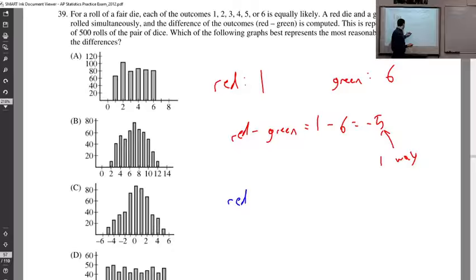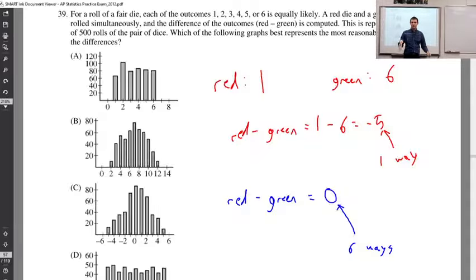Versus red minus green being 0. This can happen 6 ways. I could roll double 1s, double 2s, double 3s, double 4s, double 5s, double 6s. So clearly, some of these outcomes around 0 are more likely, and some of the outcomes around -4 and -5 have fewer ways to happen, so they're going to be less likely.